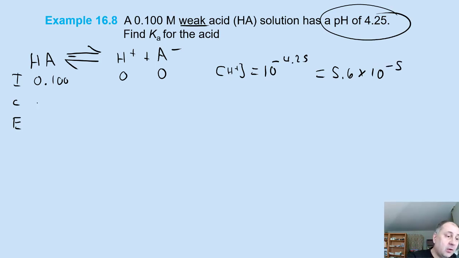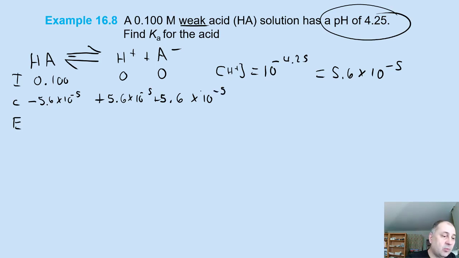So then we know it goes down by that factor, 5.6 times 10 to the minus 5. It goes up. So here it's plus 5.6 times 10 to the minus 5. And then this is a little skewed because the number is so large and I didn't leave enough space.